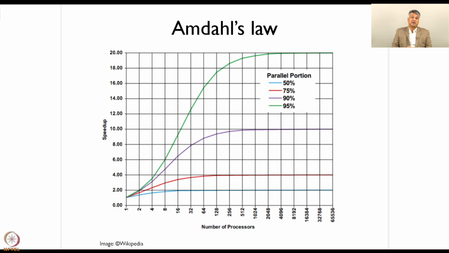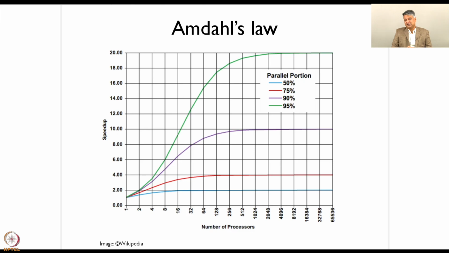If the parallel portion of my code or my algorithm is 95% parallel and only 5% is serial, then the theoretical upper limit is just 20. I cannot go more than 20 times faster. This has serious significance. A code which is 99% parallel can at most go only about 100 times as fast, not more than that.